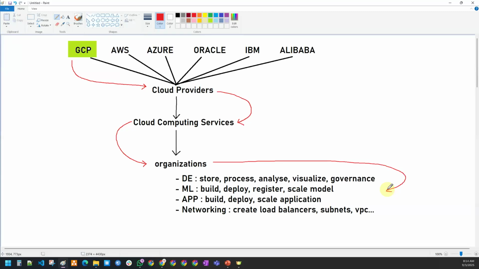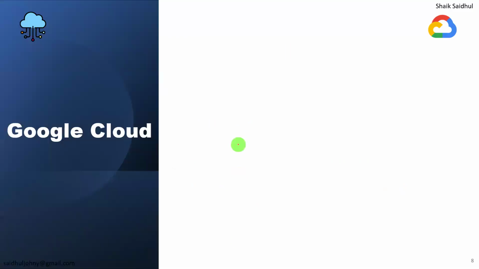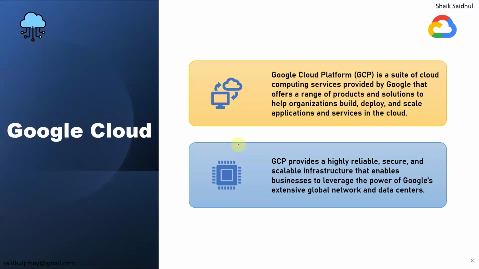So this is GCP. Maybe for creating an application, deploying the application, and scaling the applications and services in the cloud. So that is the definition. Read it here. Take a minute and try to read this one, please.